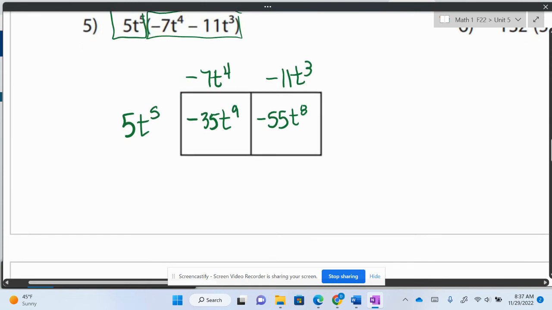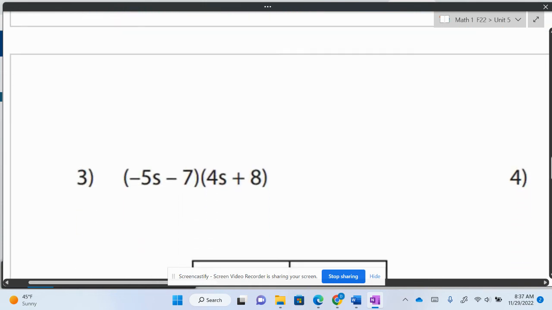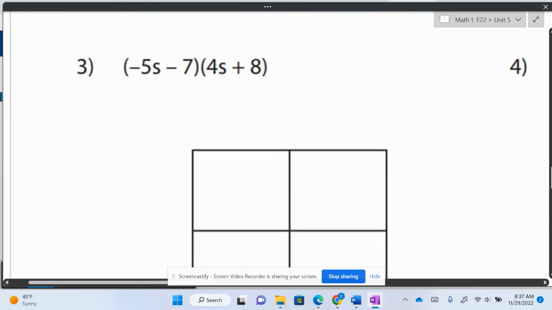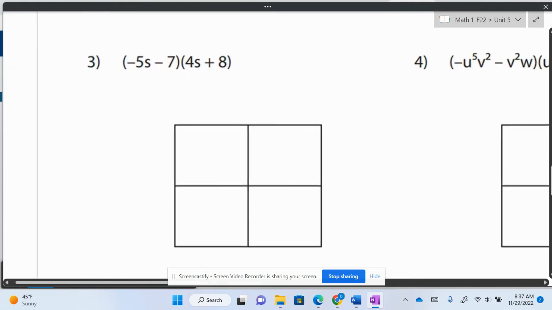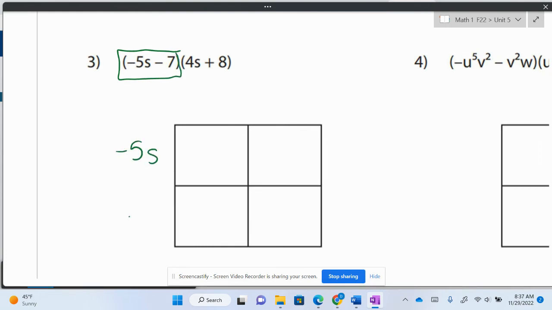All right, I'm going to keep going down to this one. So again, my first term, I always write this on the vertical. So negative 5s and negative 7. And then my second term goes along the horizontal, 4s and 8.